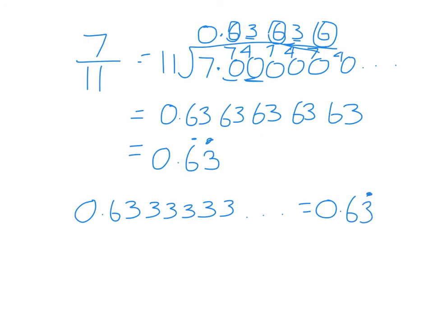So I want you to note that this here is different from that. And that's all there is to it. So remember, recurring decimals are decimals where the numbers after the decimal point go on forever and there's a pattern to it. And in order to convert fractions to their recurring decimals, we need to use the short division algorithm.